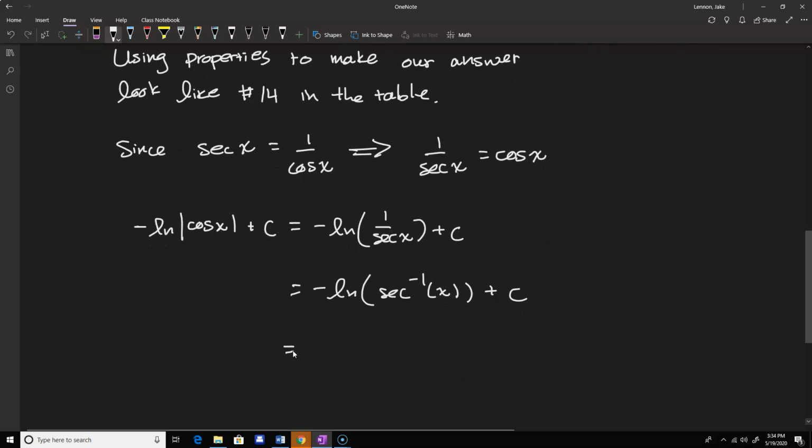So we'll end up with negative 1 times the negative natural log of the secant of x plus our constant, which the two negative ones being multiplied now cancel out, and we have the natural log of the secant of x plus our constant.